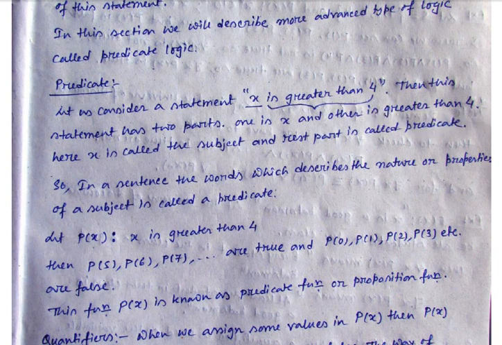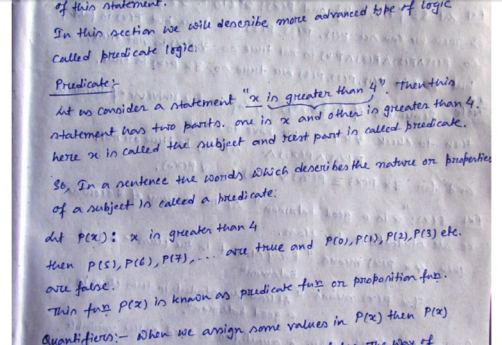Here x is called the subject of this statement, and "is greater than 4", the rest of the portion, is known as the predicate. In general, in a sentence, the words which describe the nature or the properties of a subject are known as the predicate.